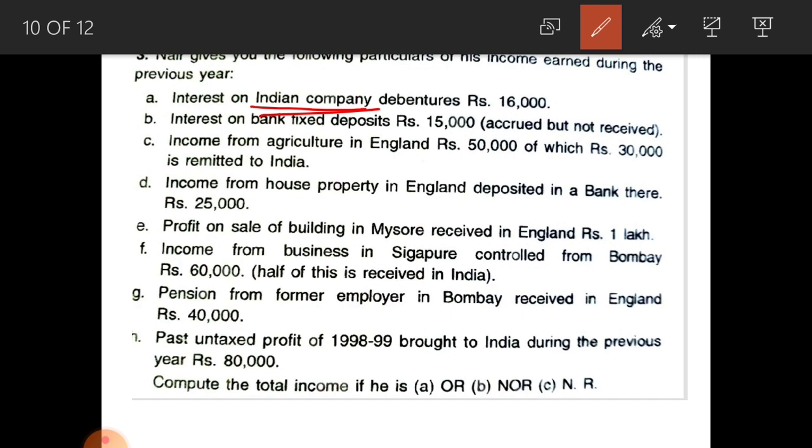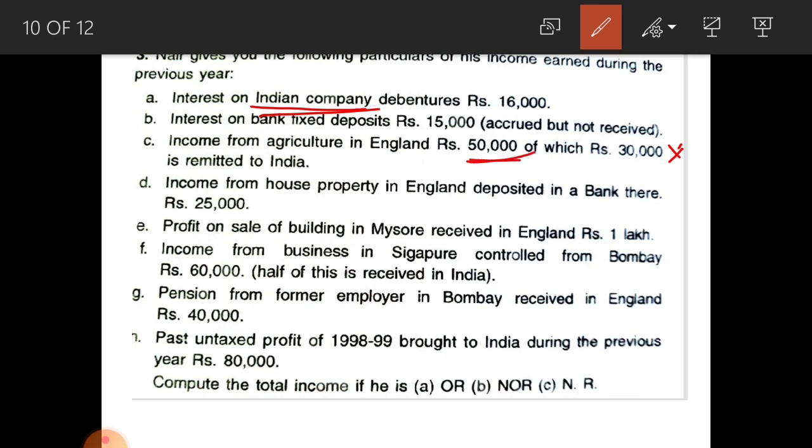The information that 30,000 is remitted to India is negligible, because whether income is remitted to India or not, a not ordinarily resident and a non-resident need not pay tax on that income. That is why you have to ignore this 30,000. Only an ordinary resident must pay tax on this 50,000 rupees.